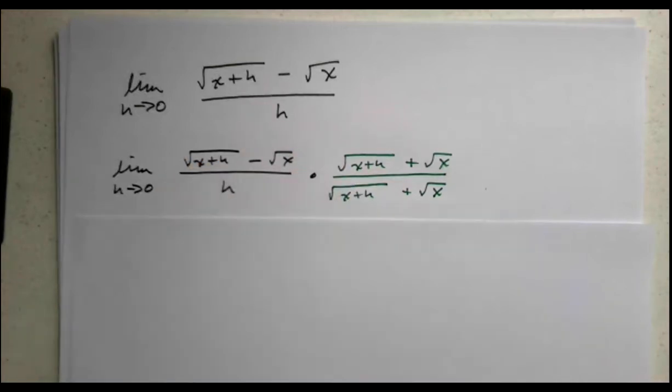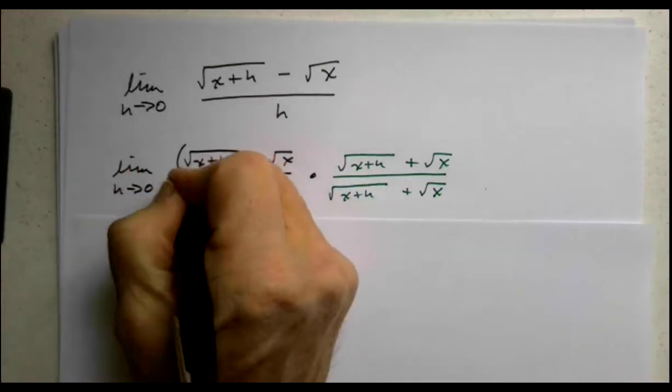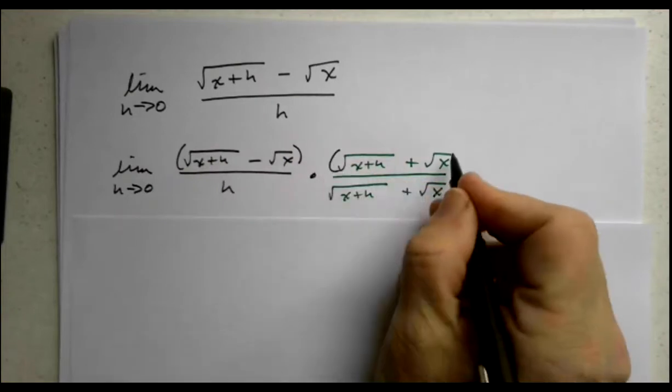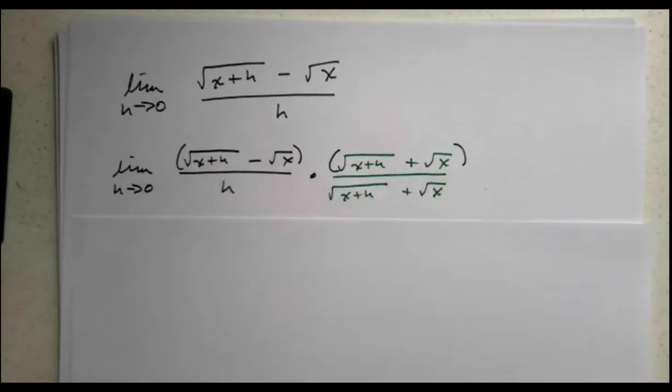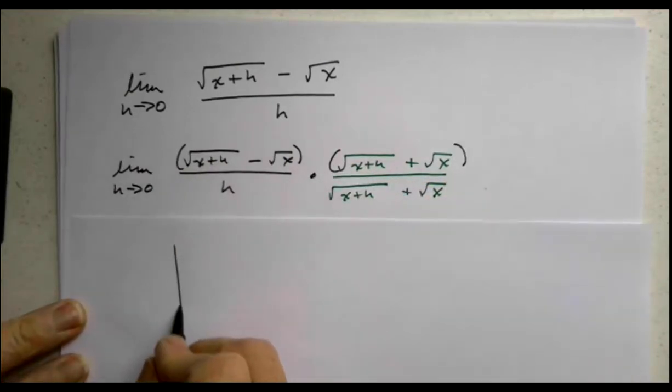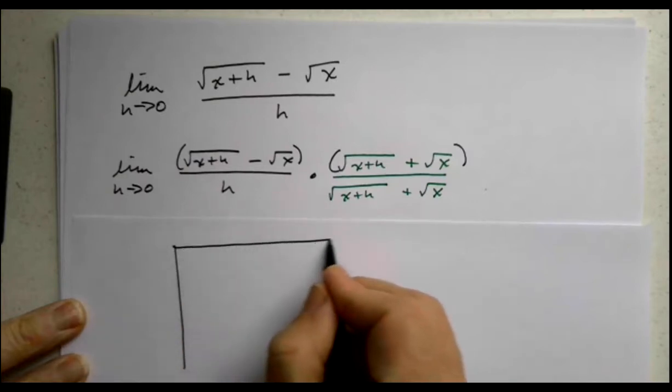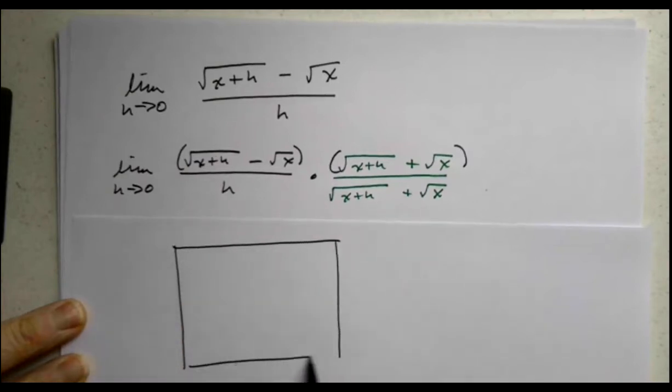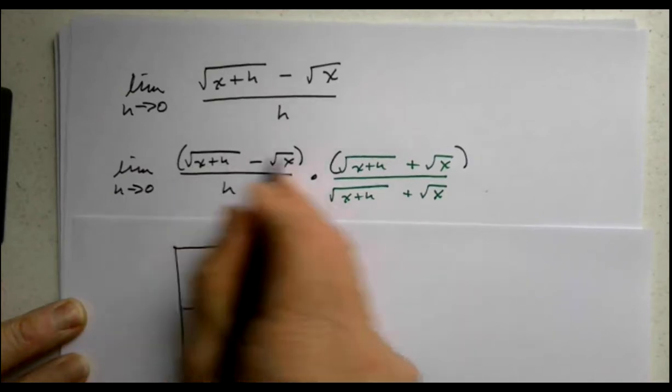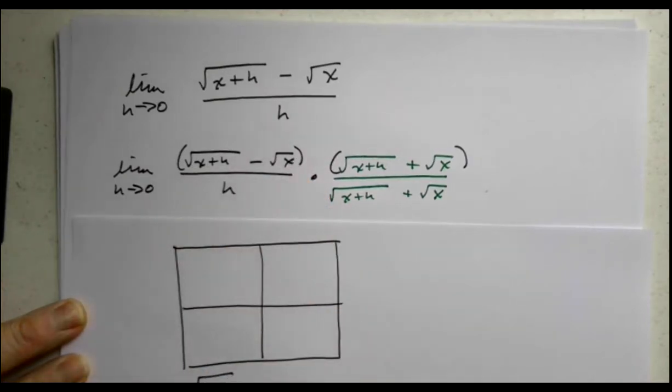So this times this is what I'm interested in primarily, right? These two pieces multiplied by those two pieces. And what do we get? Let's take a look. We have root x plus h minus root x, and root x plus h plus root x.